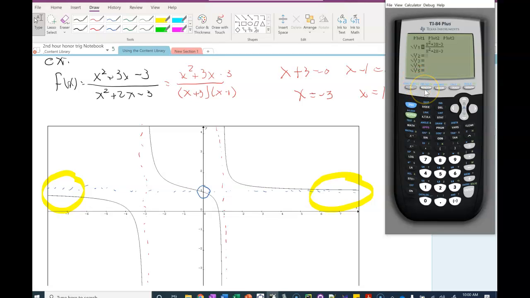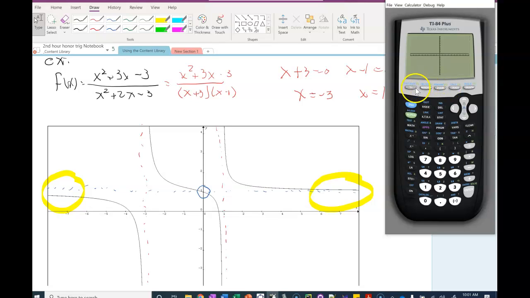So I'm going to graph this on a big window, maybe negative 1,000 to positive 1,000 on my x's. And then I'll reset my y's back to negative 10 to positive 10, whatever the standard was. And I'm going to hit graph.